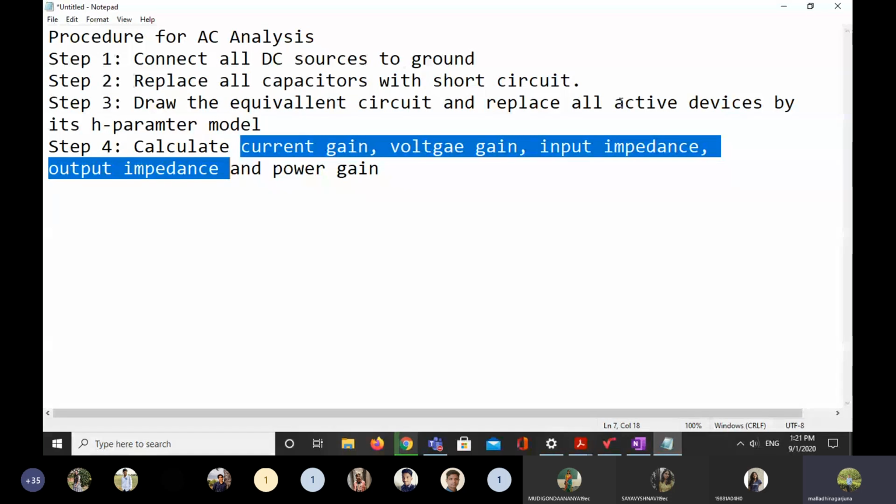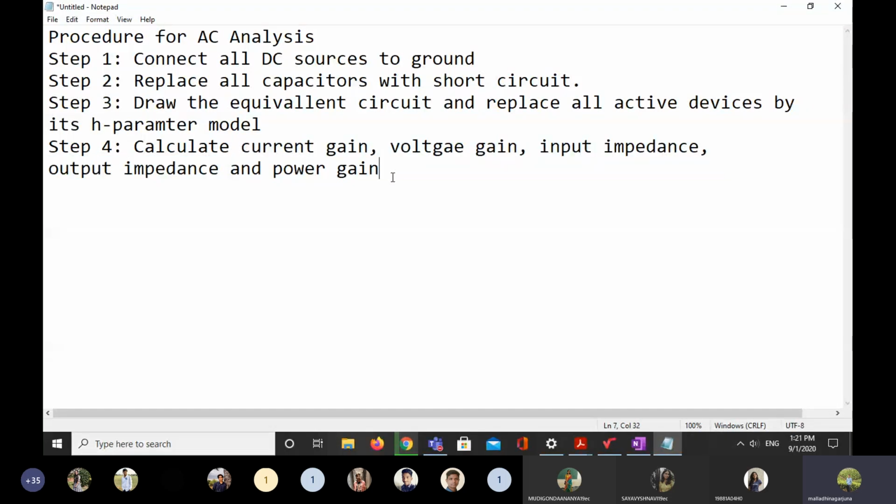If you take any amplifier, this is the common procedure for AC analysis. Step 1 is to connect all the DC sources to ground and replace all capacitors with a short circuit. The third step is to draw the equivalent circuit and replace all active devices by their H parameter model.